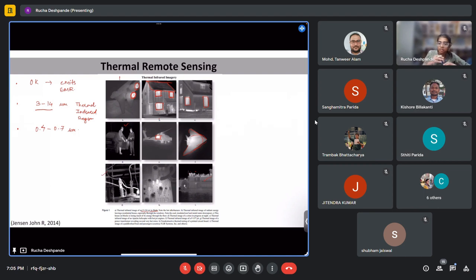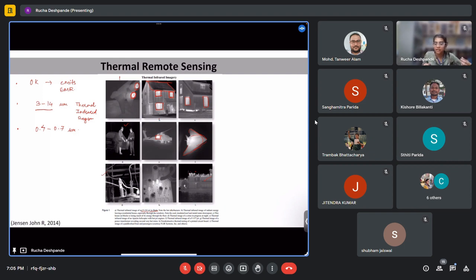So thermal imaging technology can be used to obtain knowledge about the surroundings in a different way. We can sense the temperature that these bodies are emitting, and then obtain different information about our surroundings.